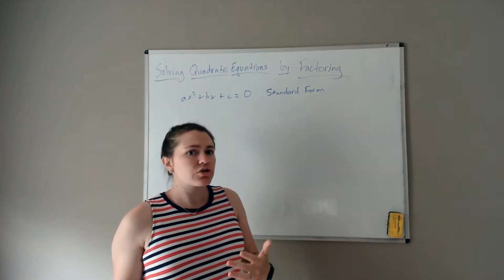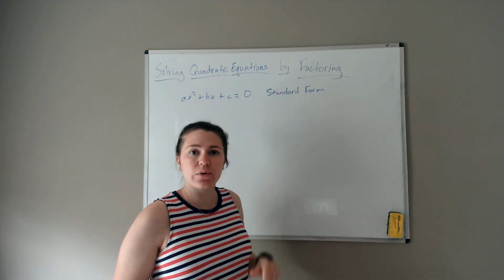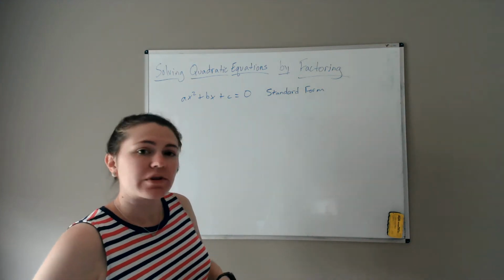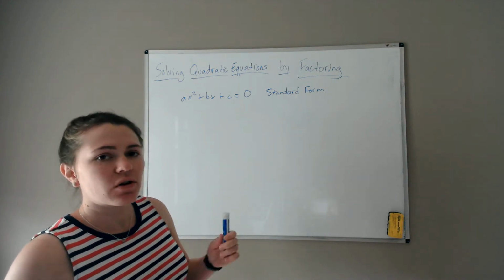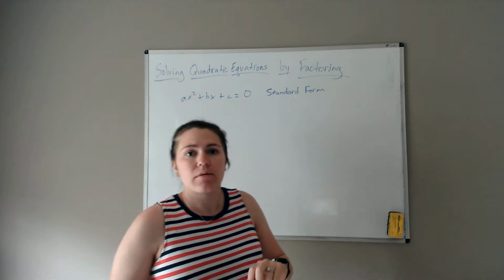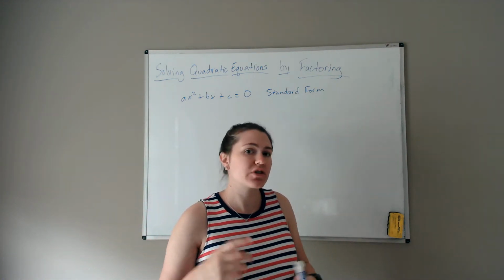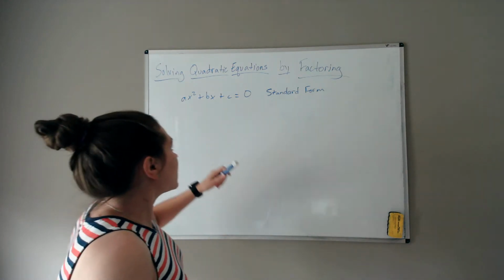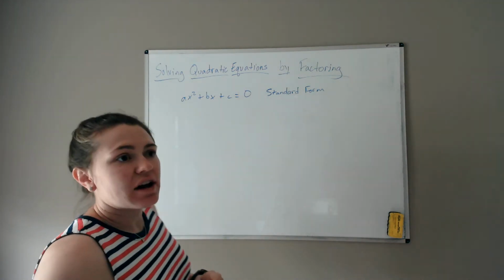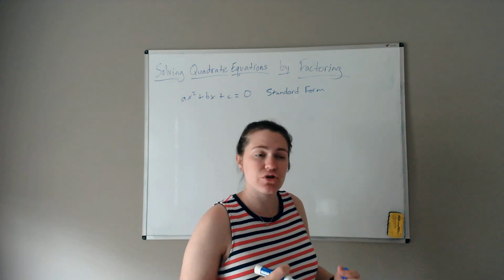Now, some rules that you should remember from Algebra 1 about quadratic equations. It actually has something to do with when we study polynomial equations. There's something called the fundamental theorem of algebra, and a corollary to the fundamental theorem of algebra states that, so you don't know about degree yet, but if you have degree 2, that means you can have up to 2 answers, or 2 solutions, 2 roots.